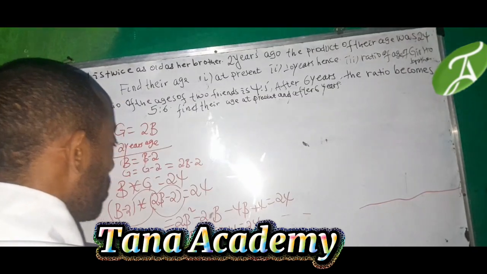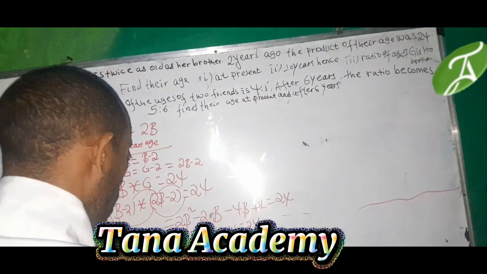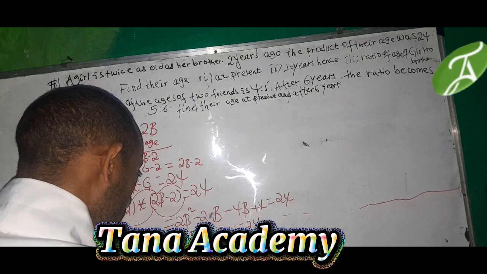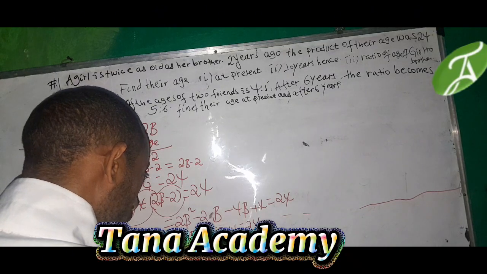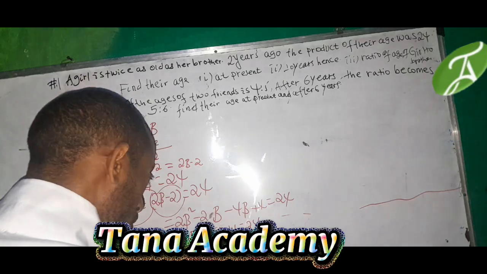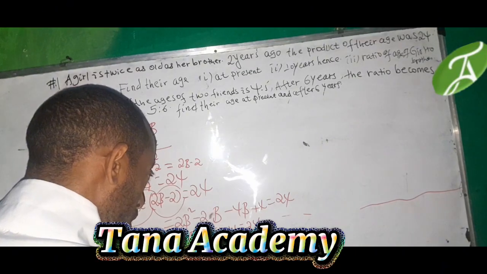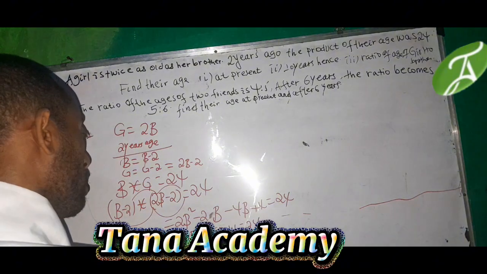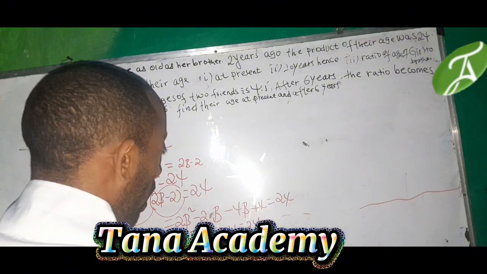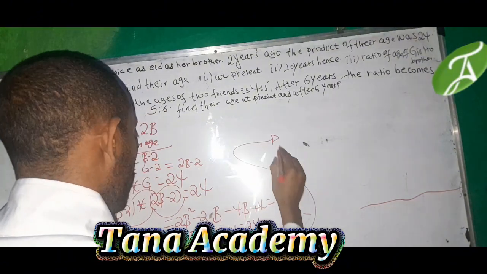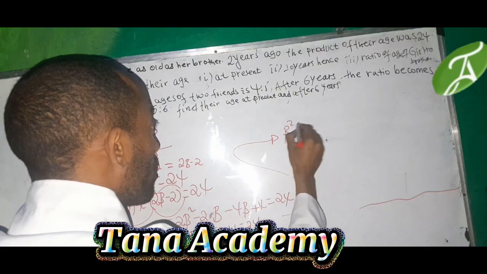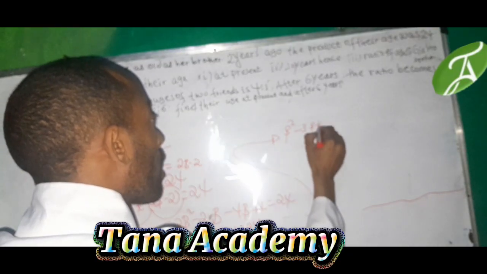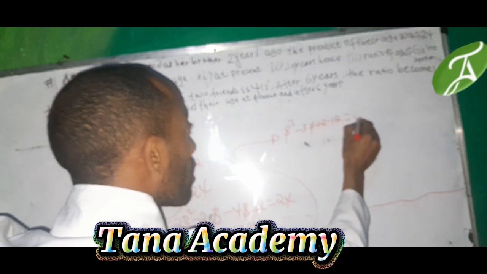Divide both sides by 2, and it becomes B squared minus 3B plus 2 is equal to 12. Subtract 12, and this means B squared minus 3B plus 2 minus 12 is equal to 0.